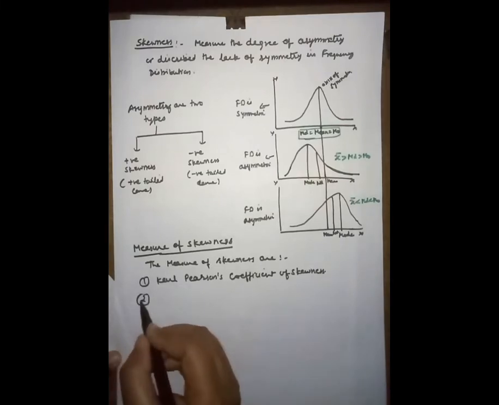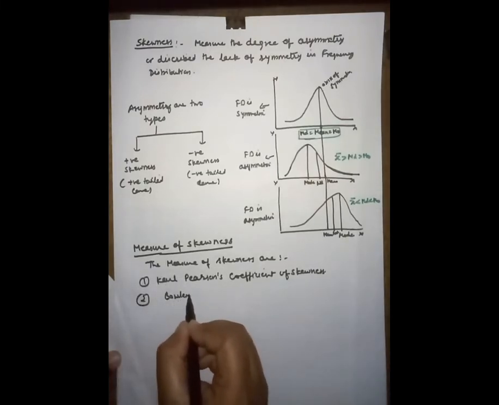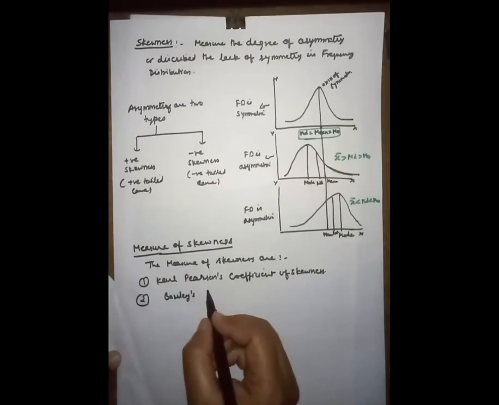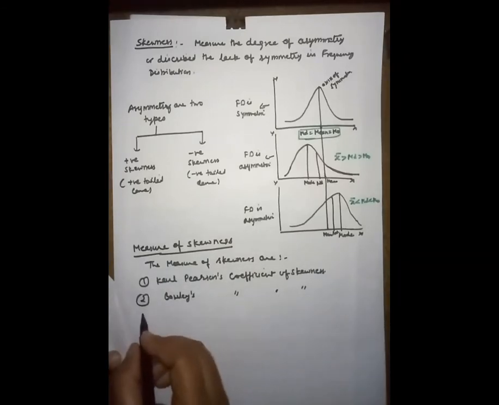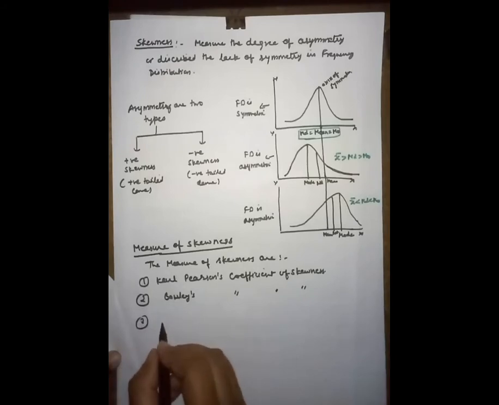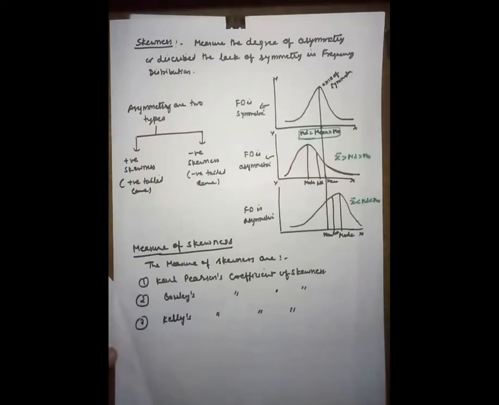And second one is Bowley's coefficient of skewness, and third one is Kelly's coefficient of skewness, right friend?